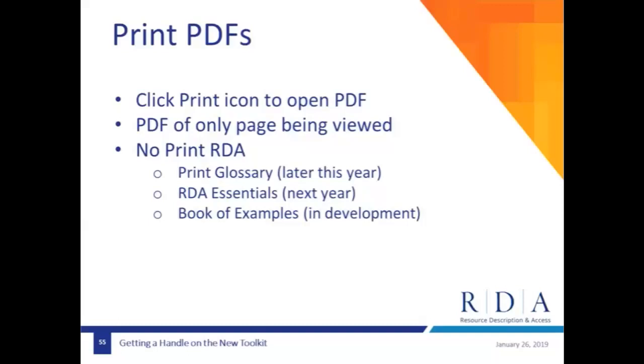It's not the same sort of resource, and it would be much too big for a print volume. So we are trying to take a different approach, where we will offer a range of print resources that we think effectively substitute and meet the needs of catalogers who prefer to rely on print.